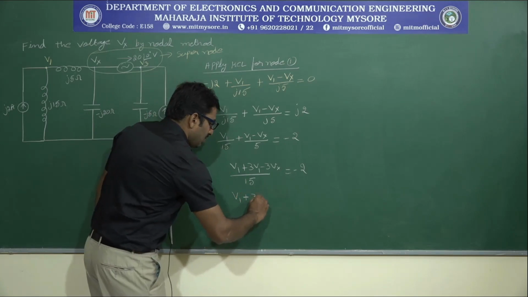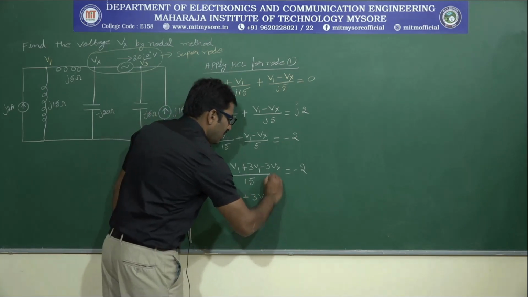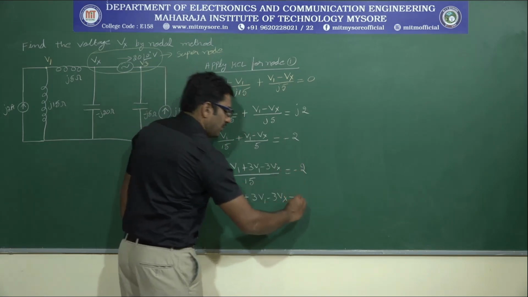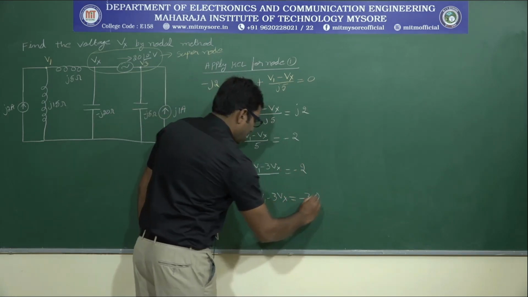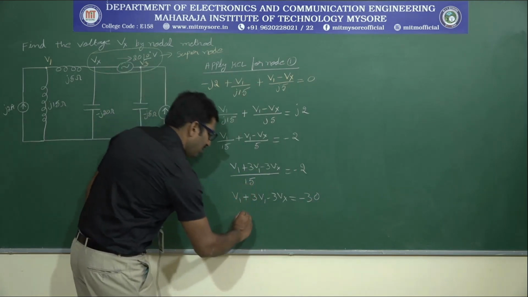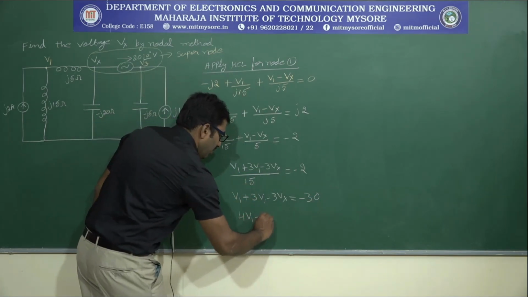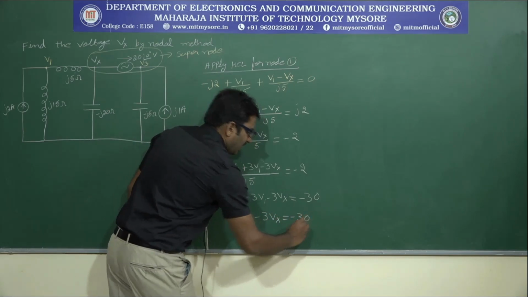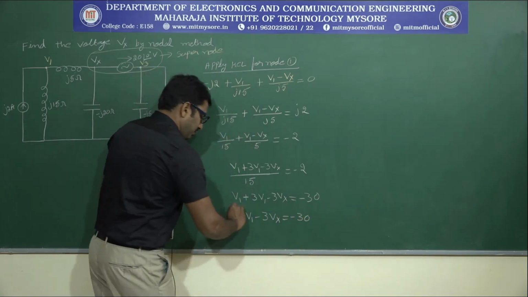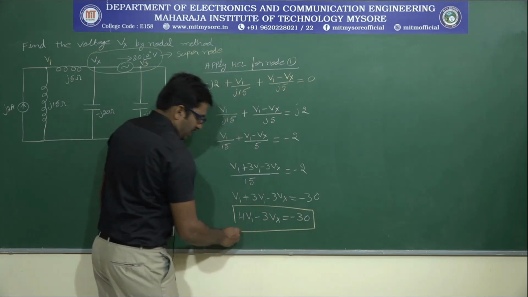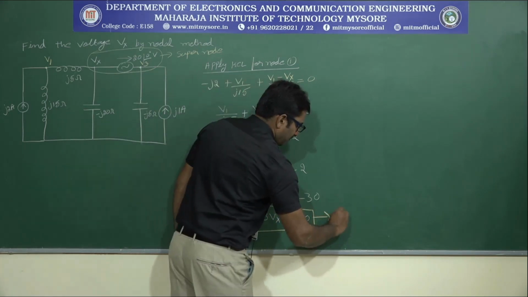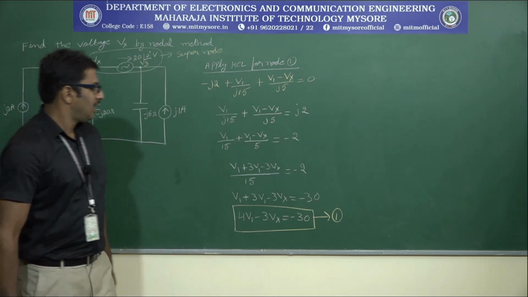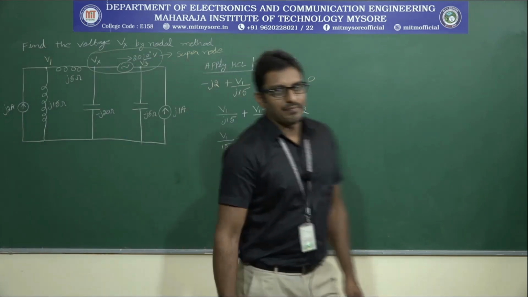V1 plus 3 V1 minus 3 Vx is equal to 15 into 2, 30, so minus 30. So V1 plus 3 V1, 4 V1 minus 3 Vx, is equal to minus 30. Call it equation number 1. Is it clear? So first we got equation 1.